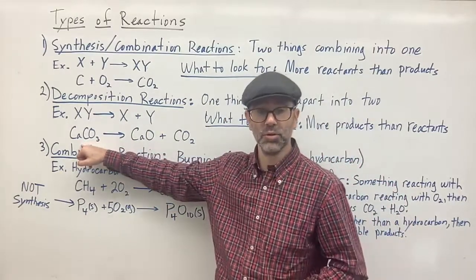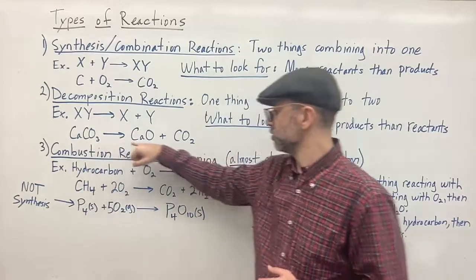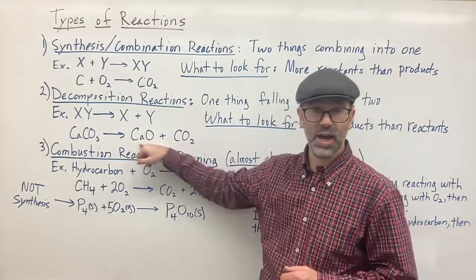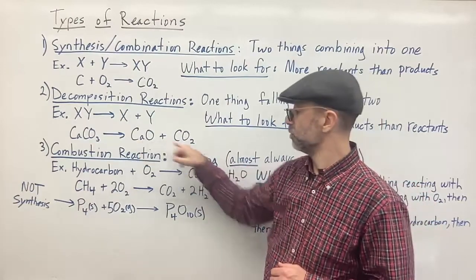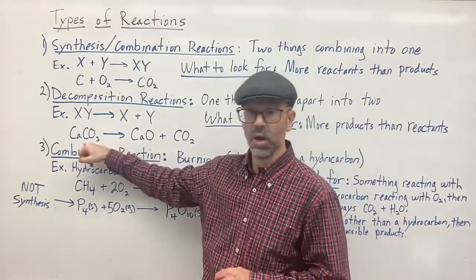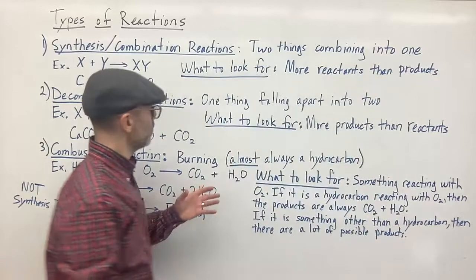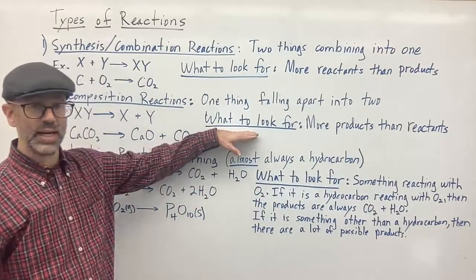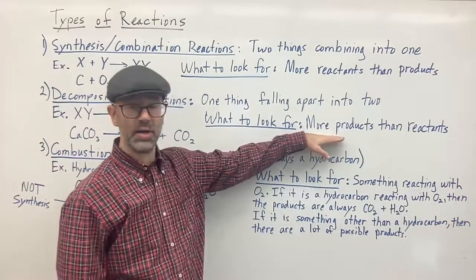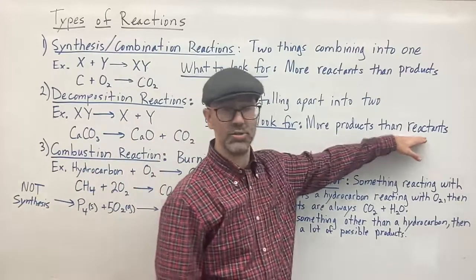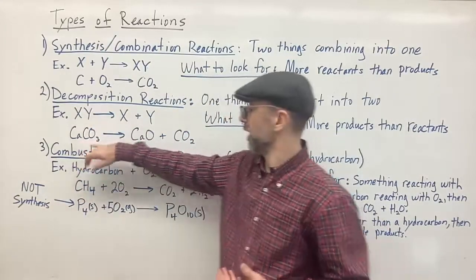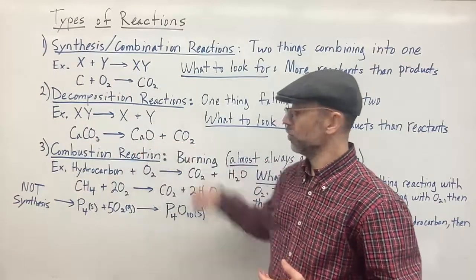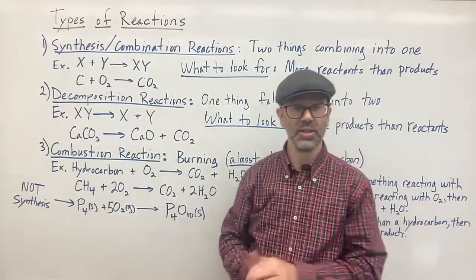Calcium carbonate will naturally break down into calcium oxide plus carbon dioxide. Here we have two compounds, and here we only have one. What to look for in a decomposition reaction is more products than reactants you started with. Here I have one reactant, but I end up with two products. That's your decomposition reaction.